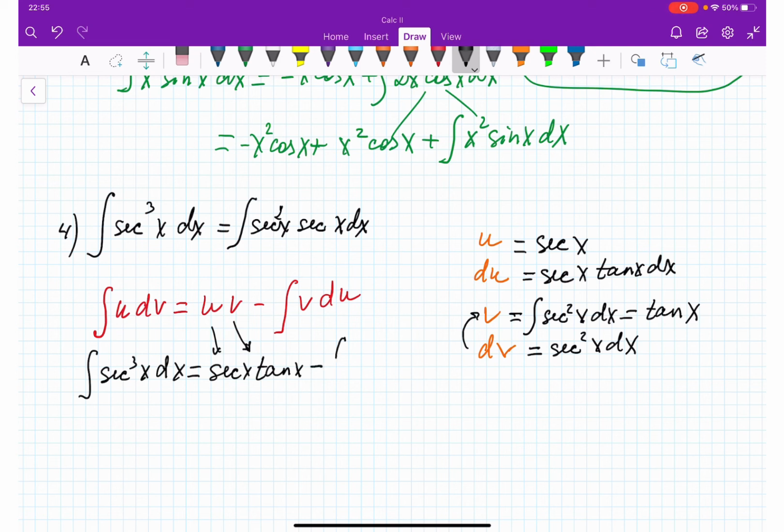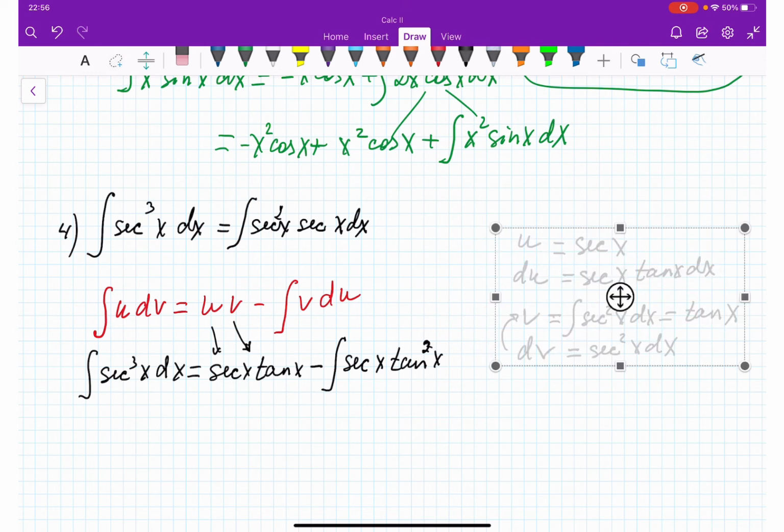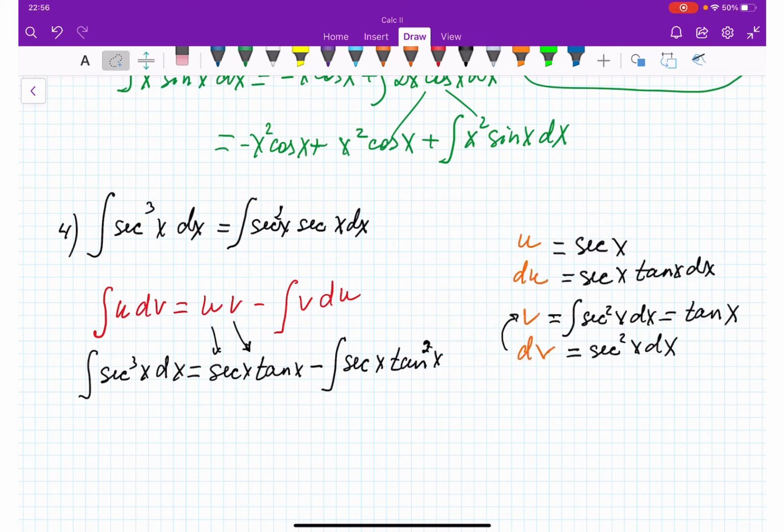Minus integral secant x tangent square x dx.